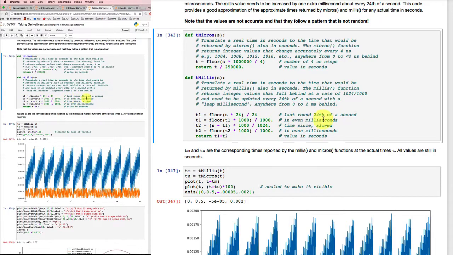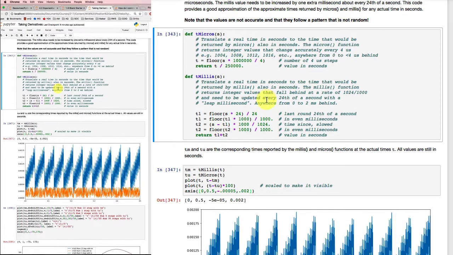Then it's dividing that into even numbers of milliseconds, and then figuring out how much time has happened since then, but slowed down by this factor of 1,000 over 1024. Finally, it puts it in even milliseconds for that slowed down value, and then returns the combination of the two. So the details here allow us to make estimates of what the Arduino will think the time is when we know what the actual time is.